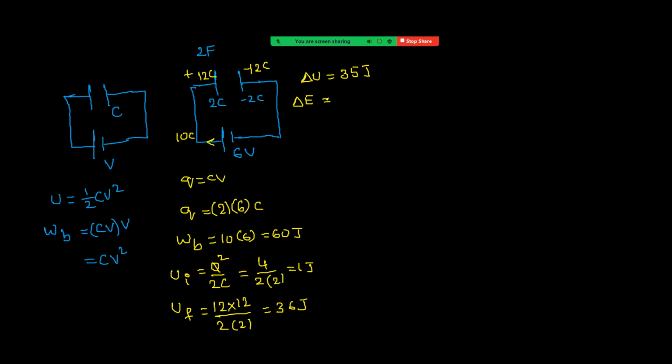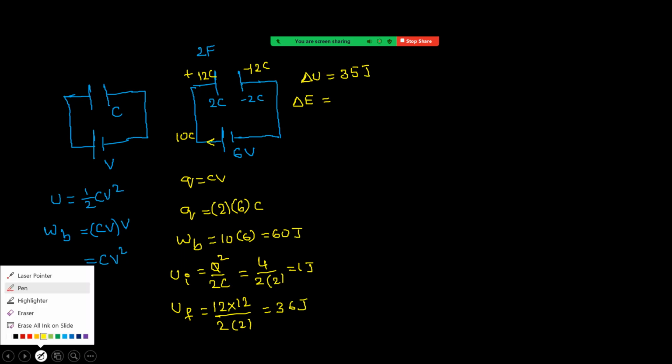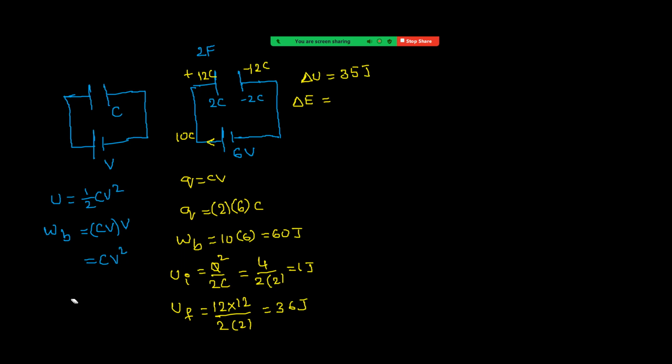In the place of delta E, take delta H, where H stands for heat, because we use E for electric field. So the energy lost in the form of heat, delta H, is equal to: the work done by the battery is 60 joule, the increase is 35, so the remaining is 60 minus 35, it is 25 joule.